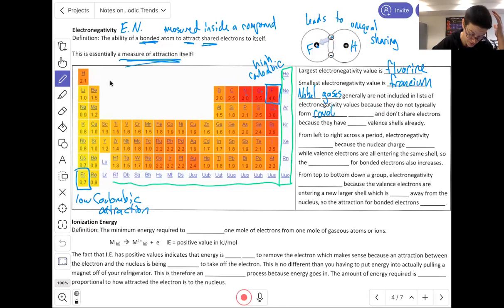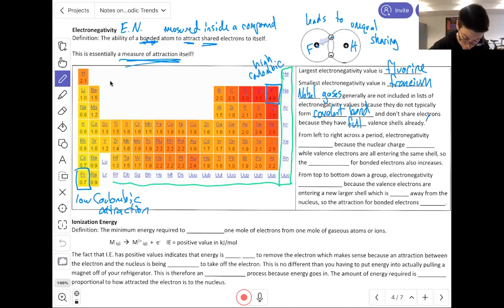They don't form bonds, and that's part literally of the definition for electronegativity. So if you don't make a bond and you don't share electrons, you can't technically have electronegativity. You have to be able to make a bond to have electronegativity. So if these guys don't make bonds, then they can't have electronegativity. And in general, they don't normally make bonds because they have full valence shells. They don't need to make bonds. They have everything they need.